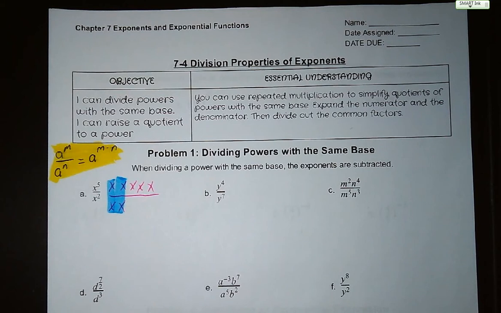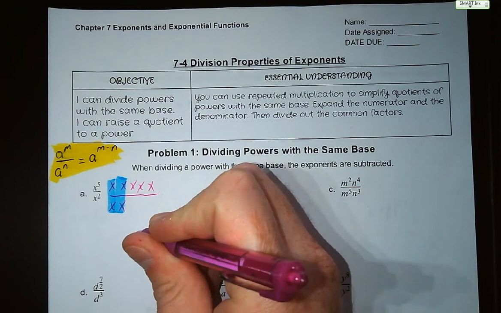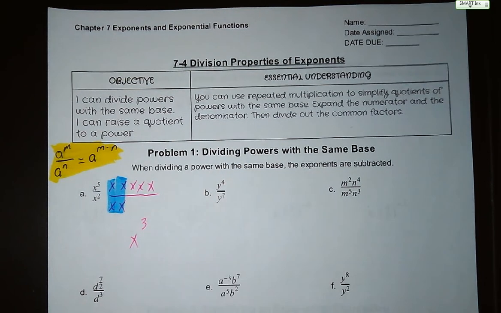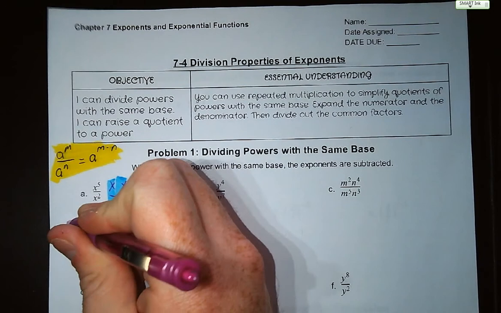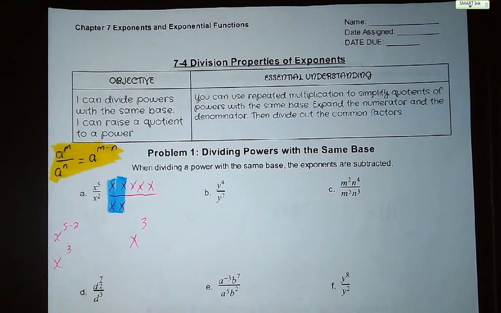I do not. So now I just count up how many x's do I have. This is x to the 3rd power. There are 3 x's remaining. Now, if we go the subtraction route, we would have x to the 5 minus 2, which would be x to the 3rd power. Same thing.